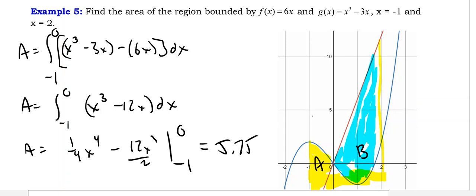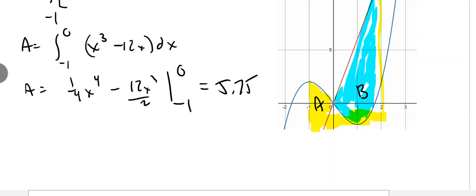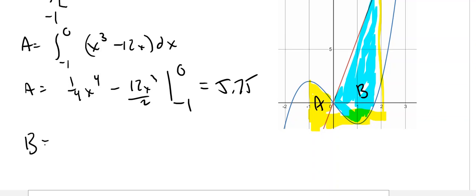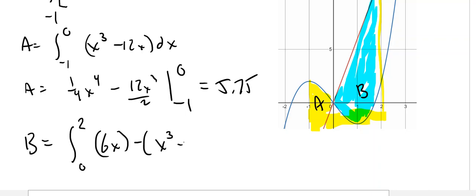Now, area B, we're going to have the linear equation above the cubic equation. So we're going to have the integral from 0 to 2, and that's going to be 6x minus x cubed minus 6x. So they're reversed.